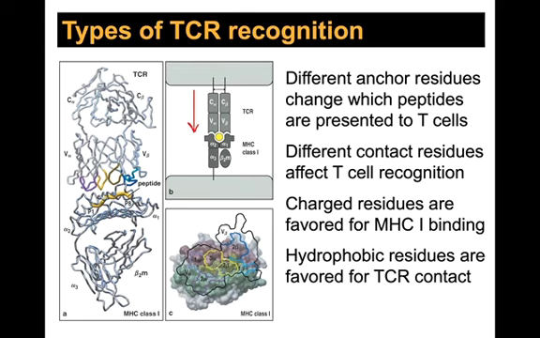You can see that this yellow peptide is right underneath the CDR3 alpha and CDR3 beta parts of the T cell receptor. Whereas the CDR1 and 2, for both alpha and beta, tend to bind more to the alpha helices of the MHC itself. So different parts of the T cell receptor have different jobs. CDR1 and 2 are recognizing the self MHC, and CDR3 is recognizing primarily the foreign peptide.